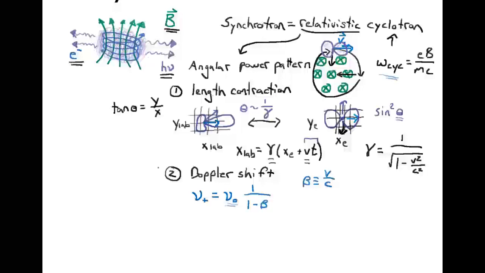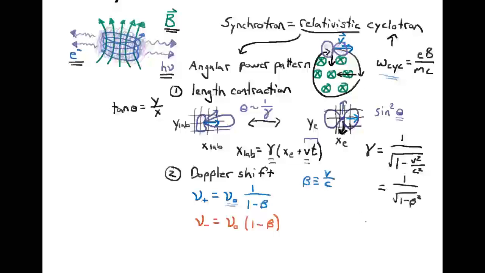And of course, we have the reverse of that for emission in the negative x direction, where the observed frequency in the negative x direction is going to be the rest frequency times 1 minus beta. Now just to relate these betas back to these gammas, you'll notice that gamma here is just 1 over the square root of 1 minus beta squared, which means that beta squared is equal to 1 minus 1 over gamma squared.